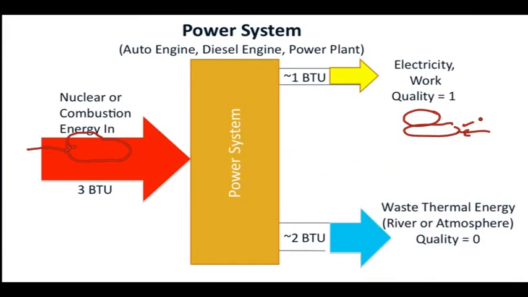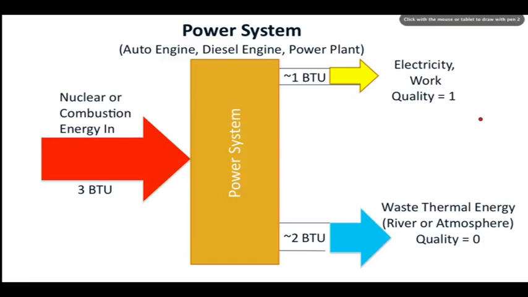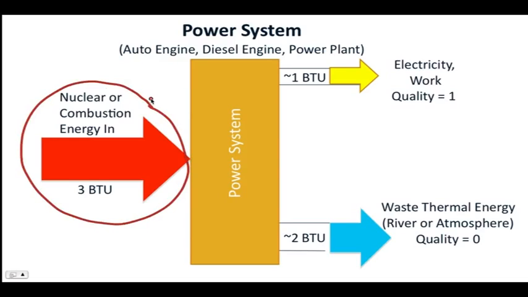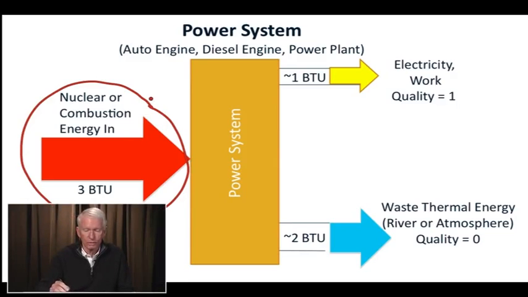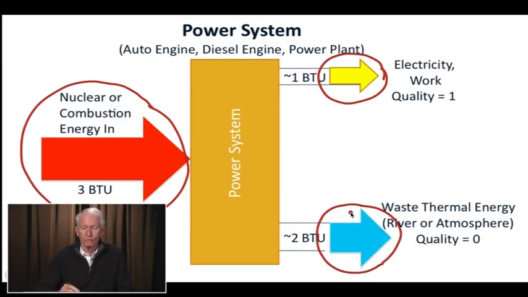We saw this last time, that we're talking about a power system that takes in thermal energy from the combustion of fuels or the nuclear reaction of uranium-235, and then goes to boil steam, and that we convert some of that energy to electricity, and we can throw the rest of it away to the river or to the atmosphere. I've shown it about a third, and this is about what is produced in the split that we have in today's electric power industry, which we'll see in just a minute.